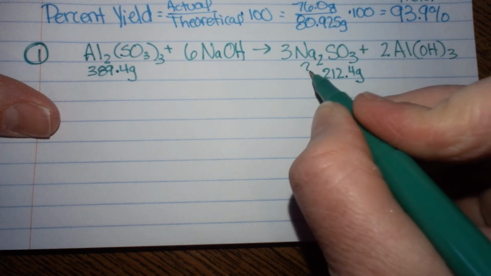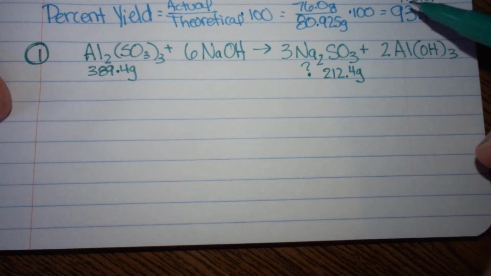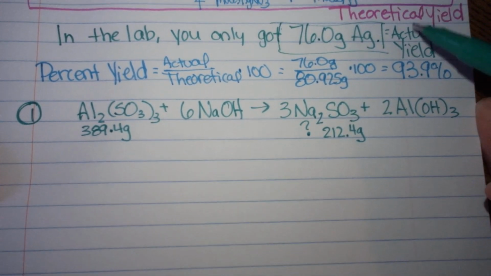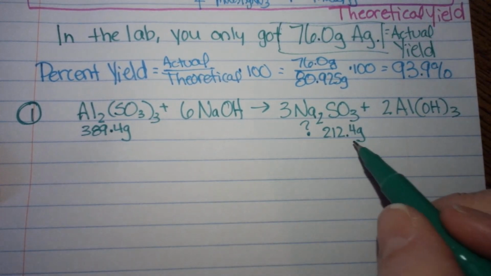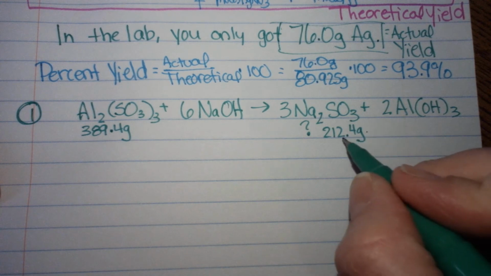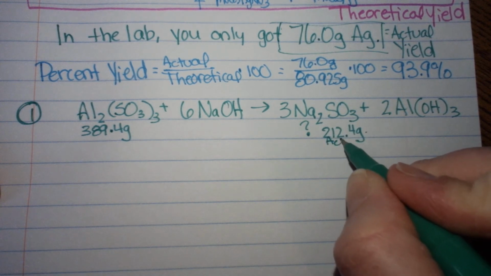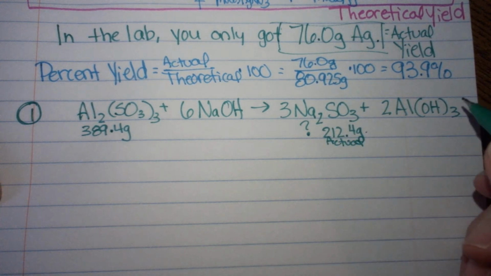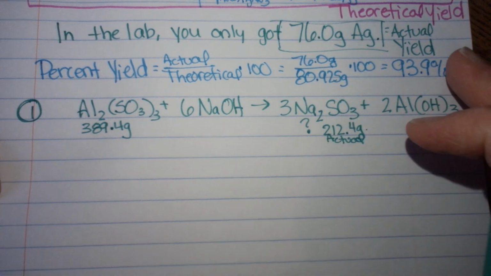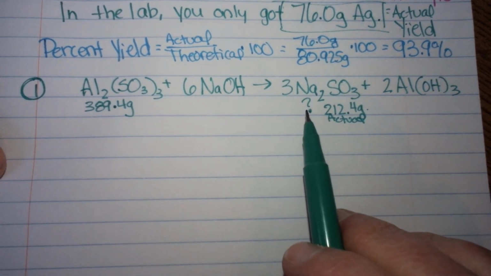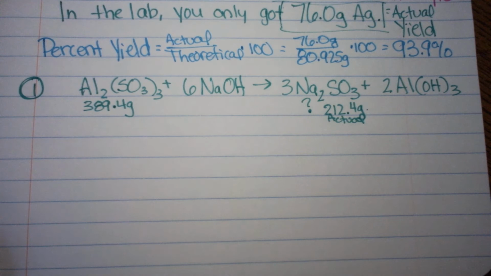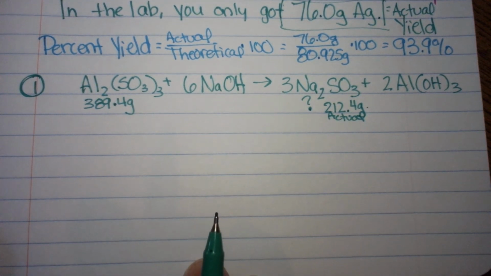Now this is a question, because we know earlier we talked about actual versus theoretical. If this is what we got, actual yield, what is our theoretical? So we have to calculate our theoretical in order to be able to find percent yield.